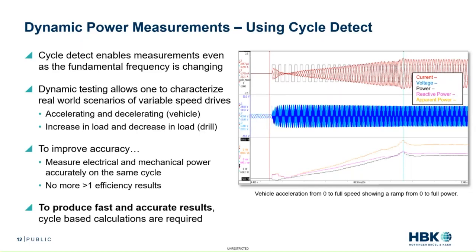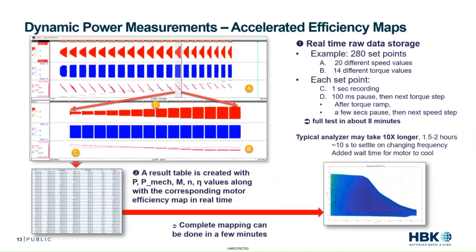So to produce fast and accurate results, cycle-based calculations are really necessary. And it comes in very handy during efficiency mapping. So having accelerated machine efficiency mapping is a significant advantage on a power analyzer because it can save hours of time, can save sometimes days, sometimes even weeks, and it can be achieved with this cycle detect.